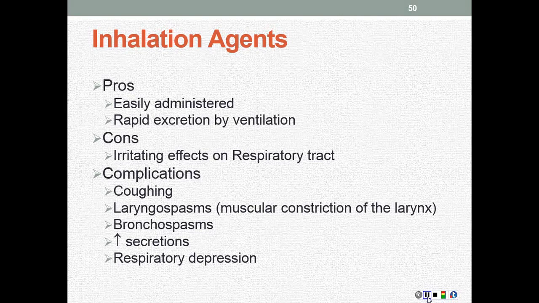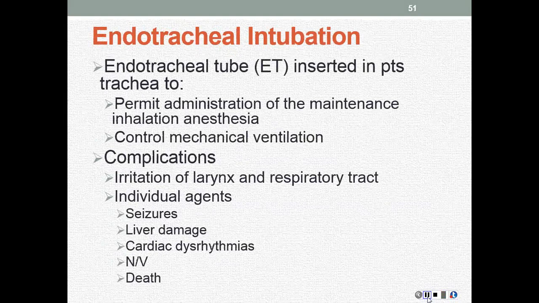So when we're talking about intubating your patient, endotracheal intubation, there is a picture of what an ET tube looks like on page 674 in your book. This is the primary way that we give those inhalation agents, is we go ahead and intubate the patient because we have good control of the airway.